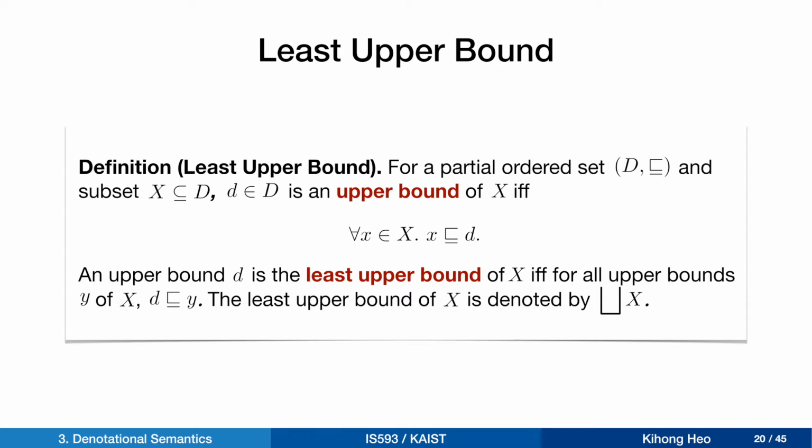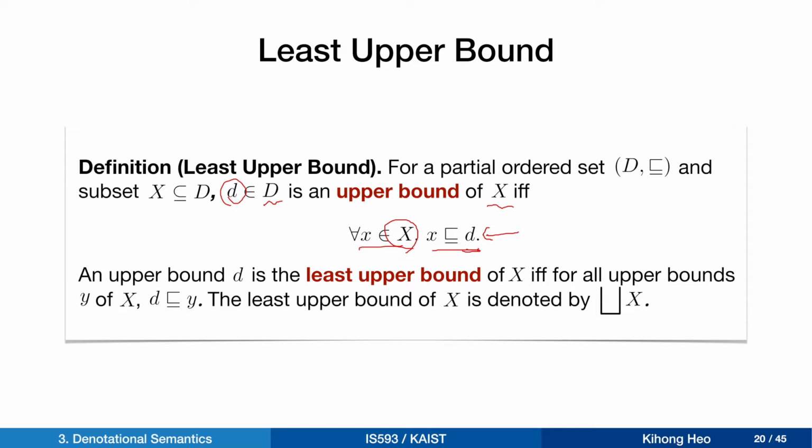Then an element d, this small d in large D, is an upper bound of this subset X if and only if all the elements in X are less than or equal to d. Then we say this d is an upper bound of this set X. Okay, that means this d is larger than all elements in X.